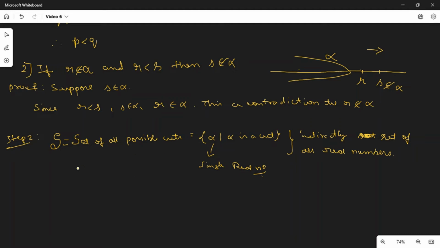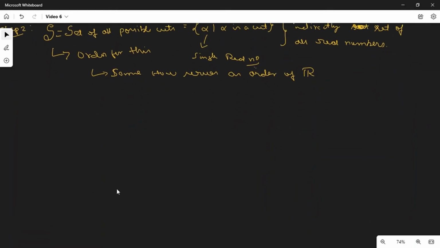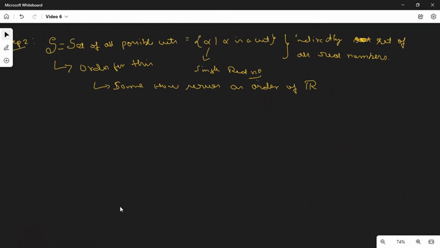So if we define an order for this, it will somehow serve as an order for the real number set. I will explain later how that will serve. So our intention is to find an order for this set.